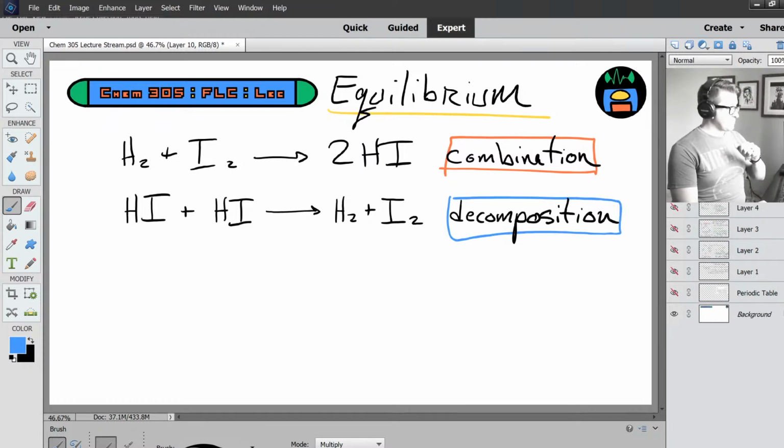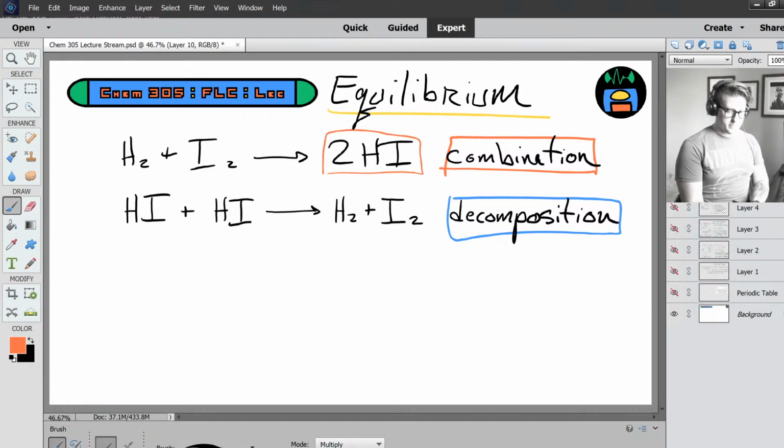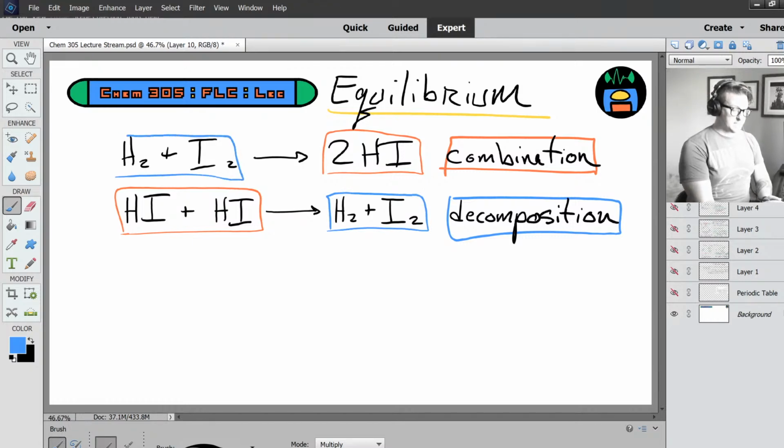Now, you'll notice something. The product of our combination reaction is the reactant of our decomposition, and the products of our decomposition are the reactants of our combination.